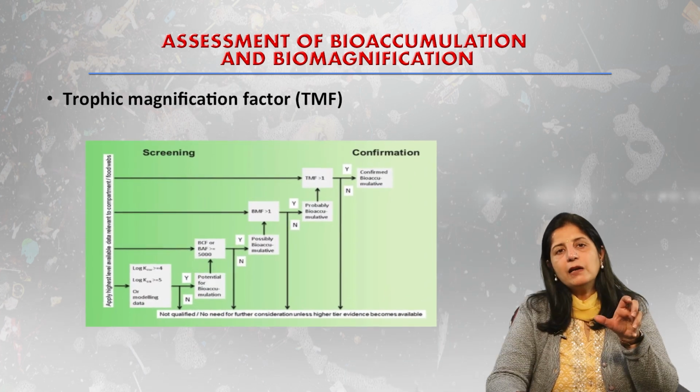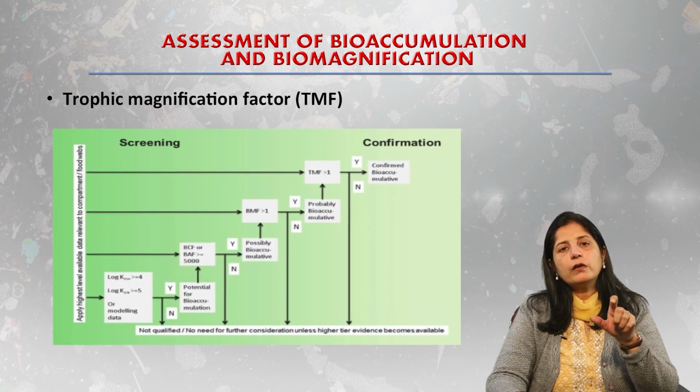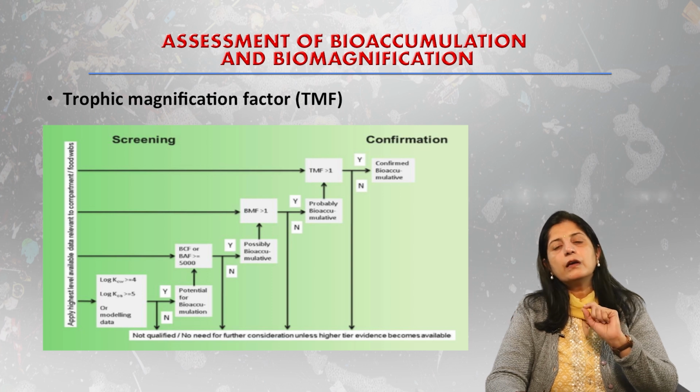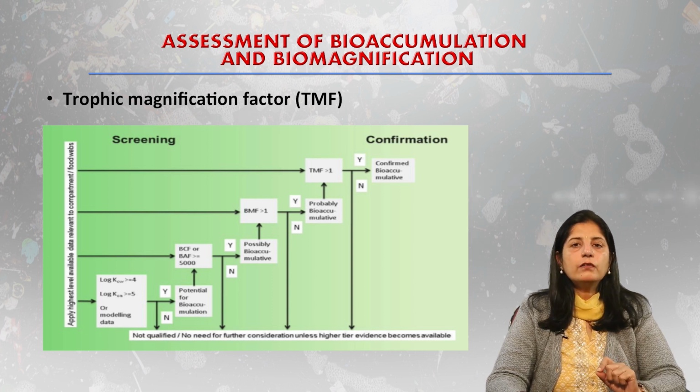So, this is a compiled picture. First, the octanol water or octanol air partition coefficient is determined. If that is higher than or equal to 4 or a value of 5, then bioconcentration is determined, and after that bioaccumulation is determined.